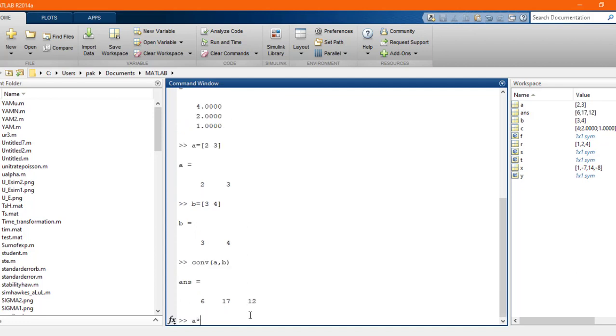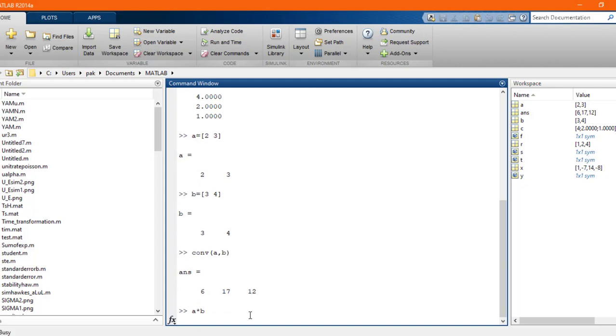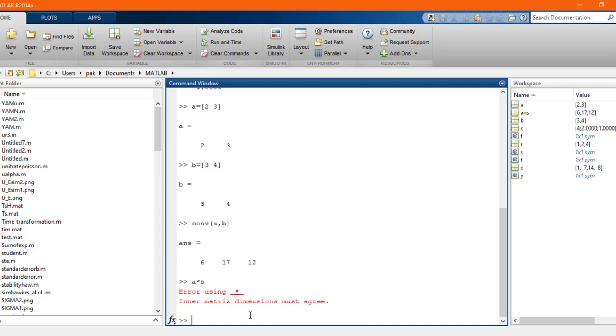And if I use the asterisk, I get an error. Why? Because this is a 1 cross 2 matrix, one row and two columns, and this is again 1 cross 2. So they can't be multiplied.